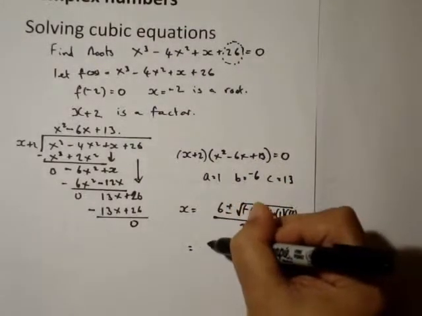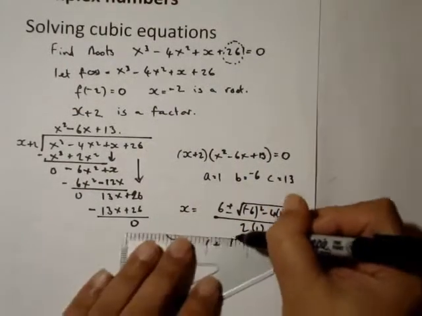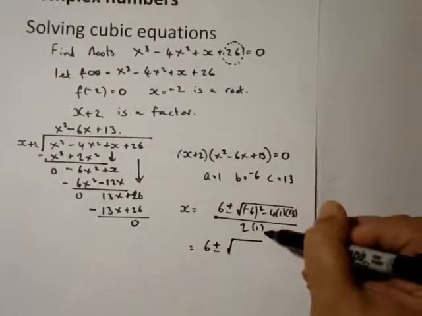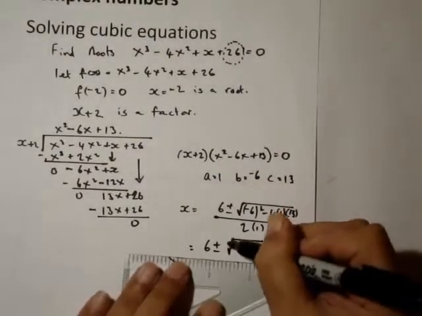That equals 6 plus or minus the square root of minus 16, and all that is over 2.